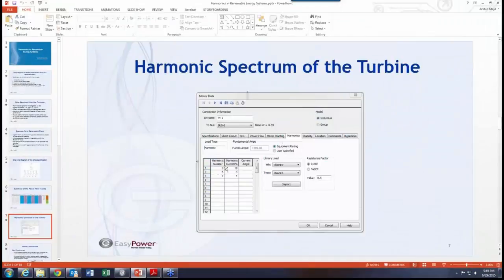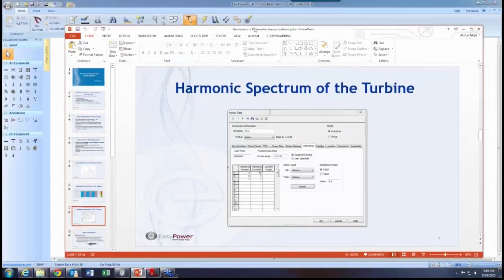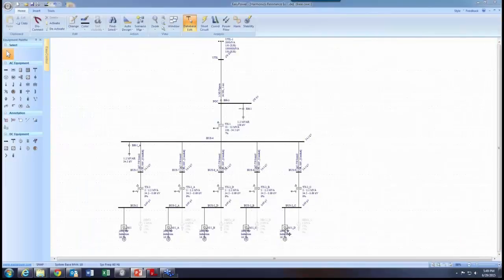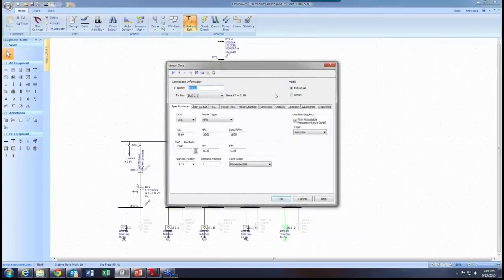Now, coming back here, next slide: harmonic spectrum of the turbine. It's 3, 5, 7. These are just random numbers I put here as an example; you can certainly get the real values from any manufacturer and put them in here. How do you do that in EasyPower? This is how you would do it. You come here, turn this one off, put in an equivalent VFD of the same size, and then you double click on it.